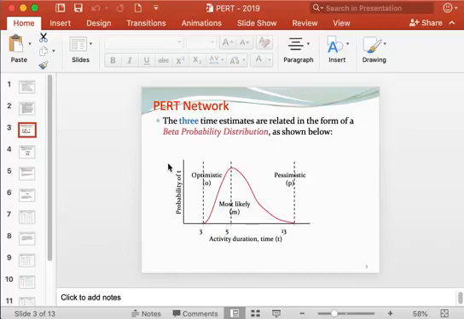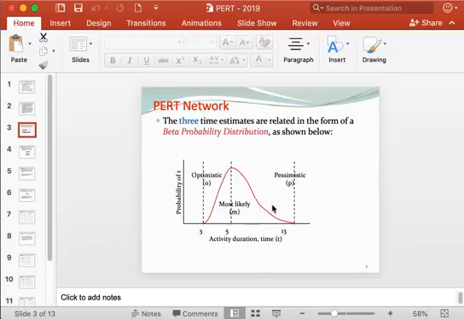If you plot the three time estimates, you can see where they are located on the beta probability distribution function. You can see the pessimistic time located here, optimistic time located here. On the vertical axis, you plot the probability of the time estimate, and on the horizontal axis you plot the activity duration.